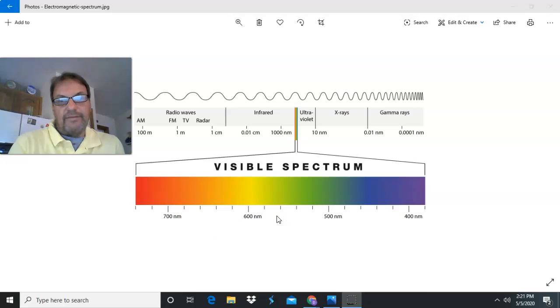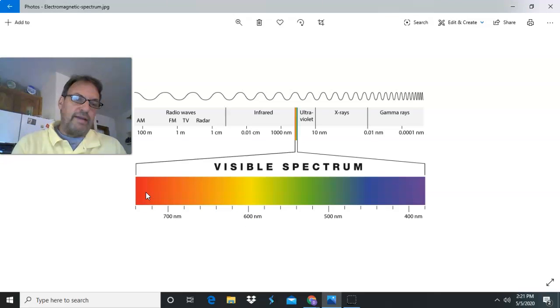Remember, as we move from left to right on this scale, the energy is going to increase. And so a violet light is going to have more energy and a higher frequency than the red light. Any kind of red that you happen to see, relatively speaking, has a longer wavelength and a lower frequency than the violet.